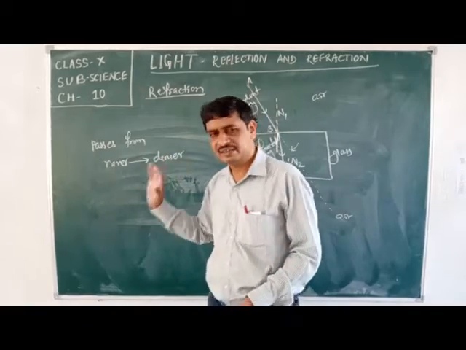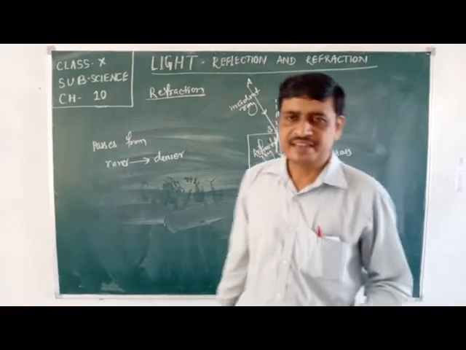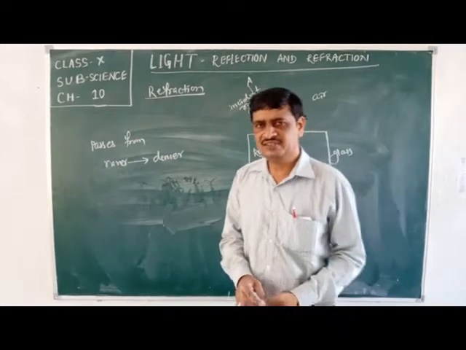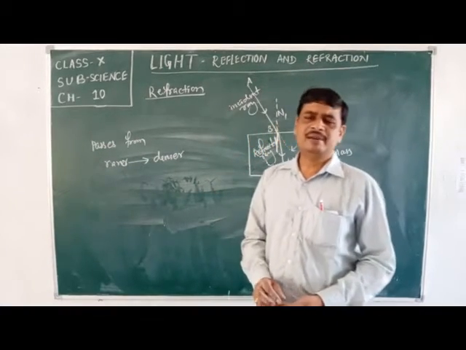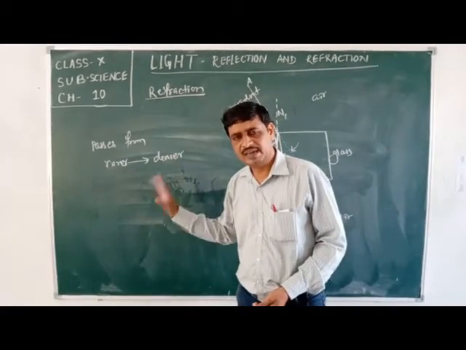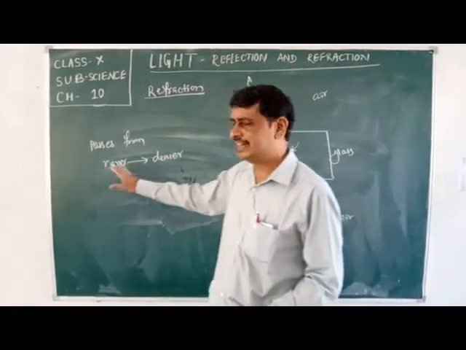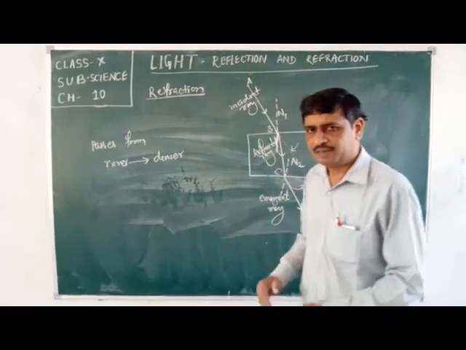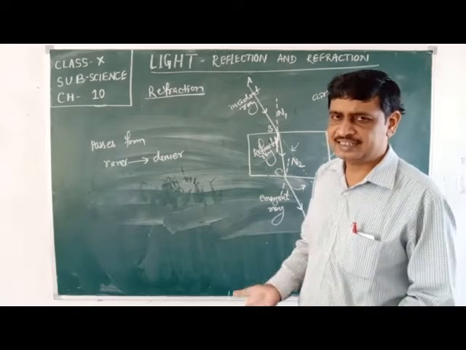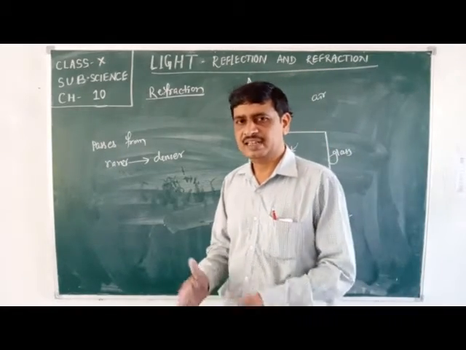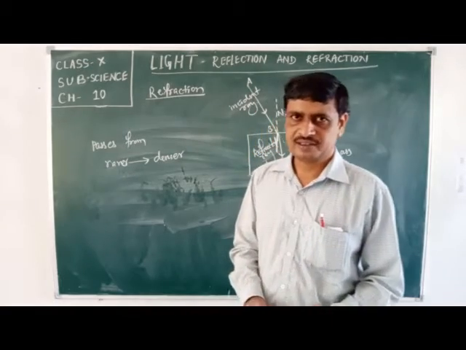Rarer and denser means when we compare any two medium, then density of both the medium will be different. The medium having more density is called denser medium, and the medium having less density is called rarer medium. In between two medium, one must be of more density and one must be less density.